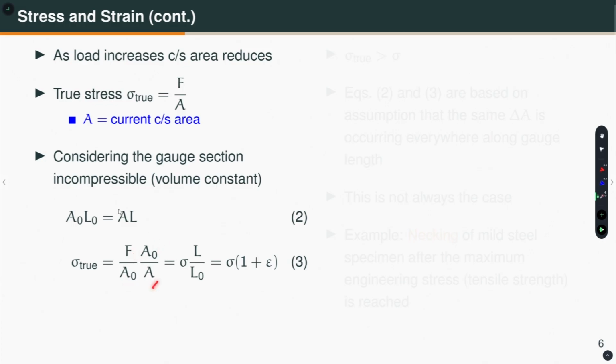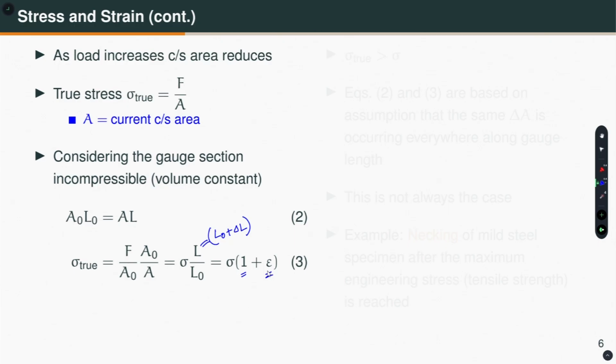Now, F by A 0 is my sigma, and A 0 by A, using the constant volume equation, I can write as L by L 0. What is L by L 0? L is equal to L 0 plus delta L. Now L 0 by L 0 is unity and delta L by L 0 is my engineering strain epsilon.